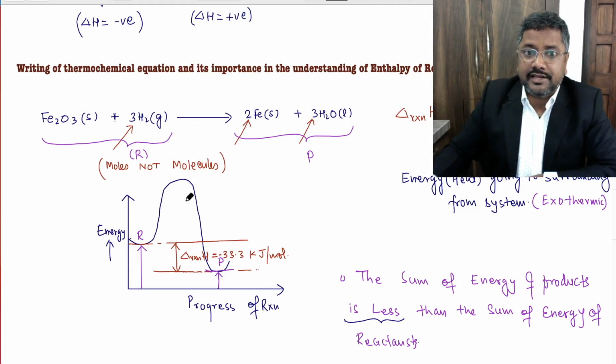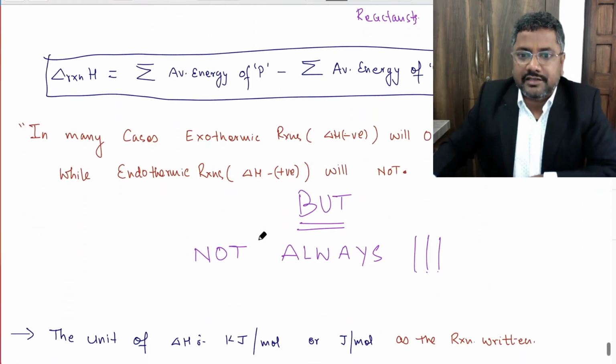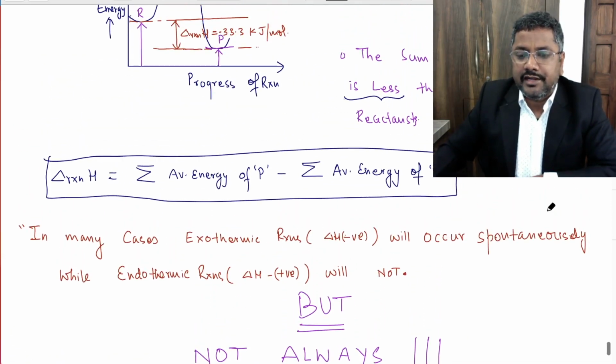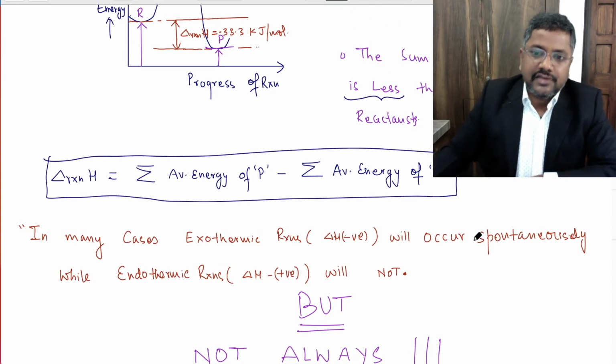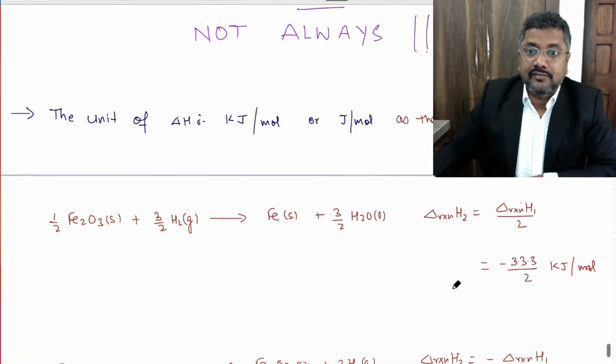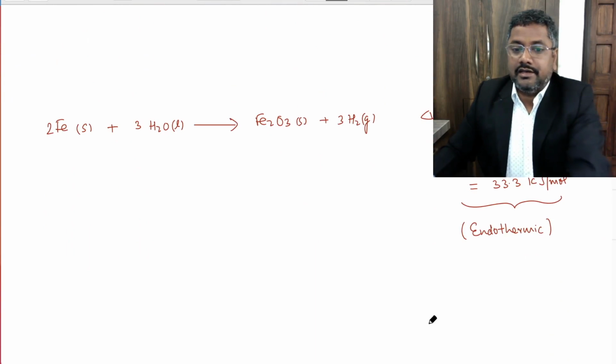What is the meaning of this negative, and of an exothermic reaction, and what is the relation between the energy of product and reactant? I think everything is clear. And one more thing I have introduced here is the condition of spontaneity. Usually in many cases exothermic reactions are spontaneous but not always, right? So this is the feature and importance of any thermochemical equation.